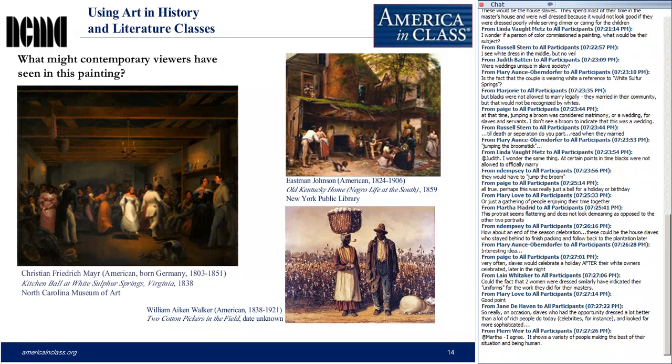And his close reading of the picture, he's trying to tease out of it the different relationships of the sort of encoded racism in the painting.